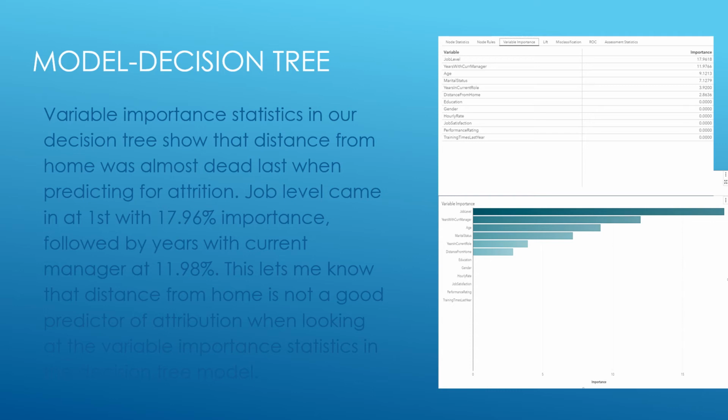So while our distance from home importance variable for employee attrition is 2.86%, it's very minuscule. It at least stacks up with other variable importance statistics that were not shown in some other things that we thought maybe could contribute, such as job satisfaction, particularly, and training time last year.